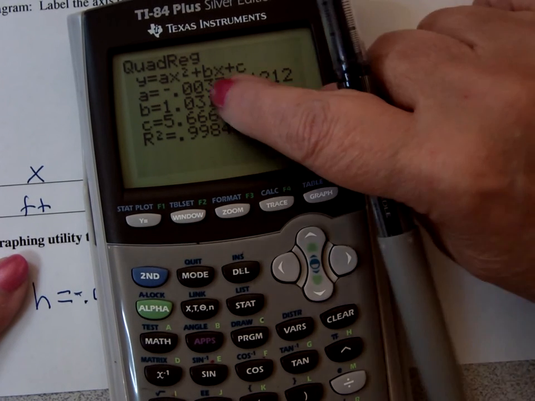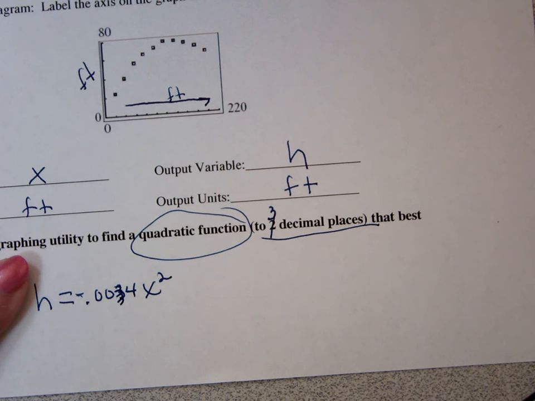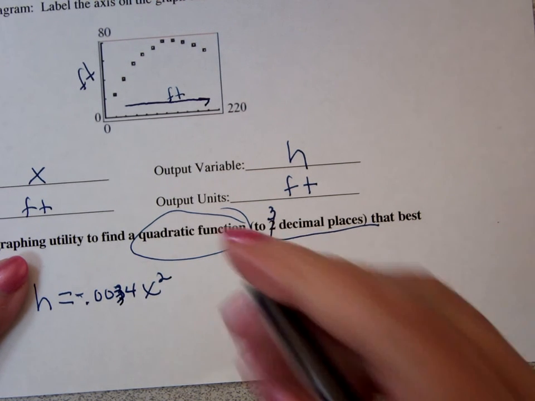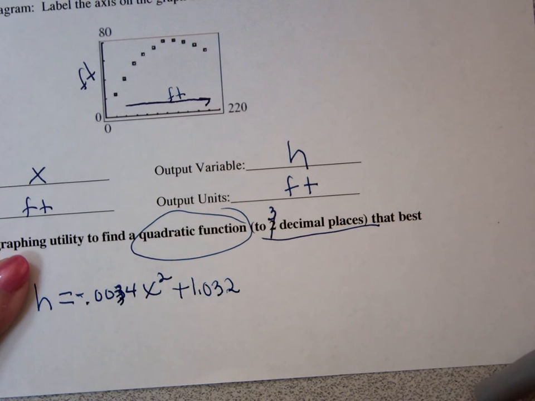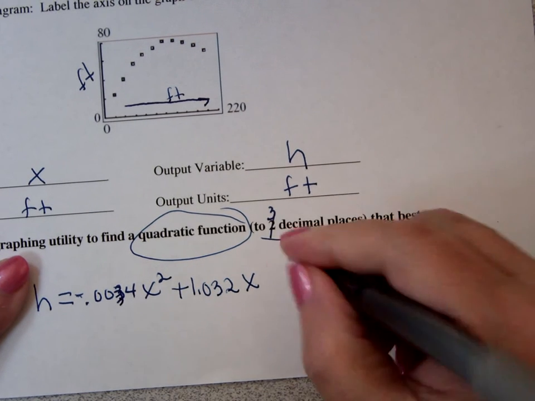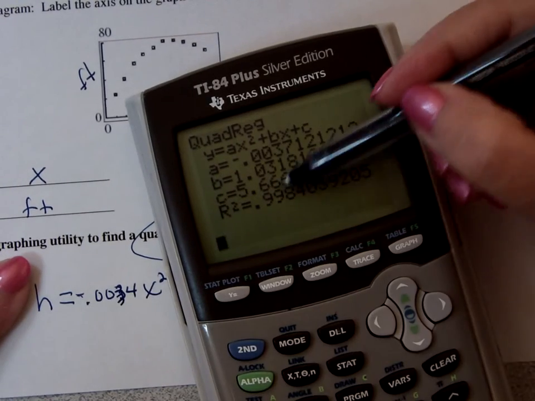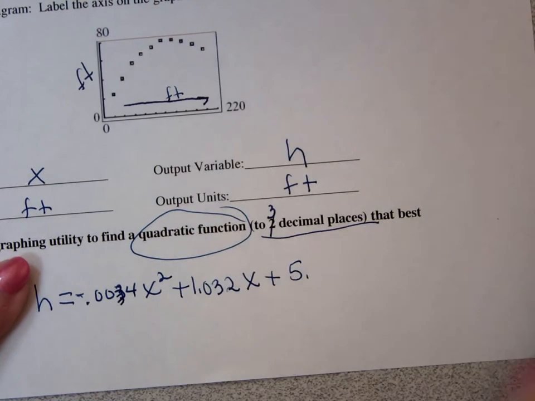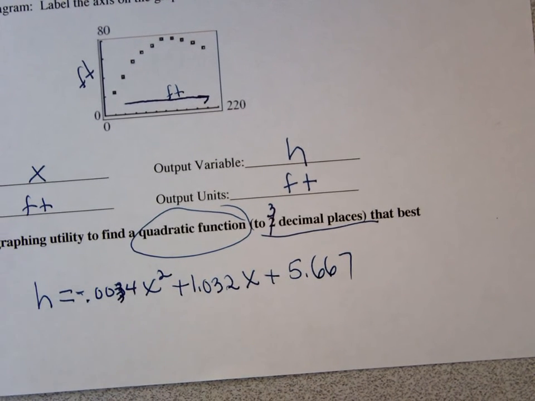Rounded to 3 places, it would be negative 0.004, thank you, plus 1.032x, and then plus 5.667. So that's going to be my model.